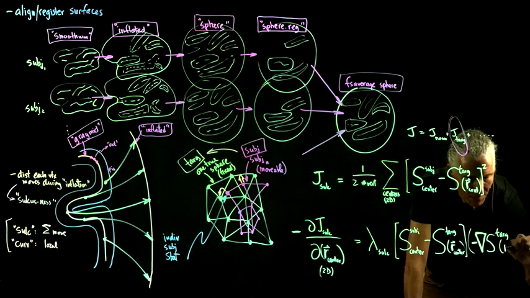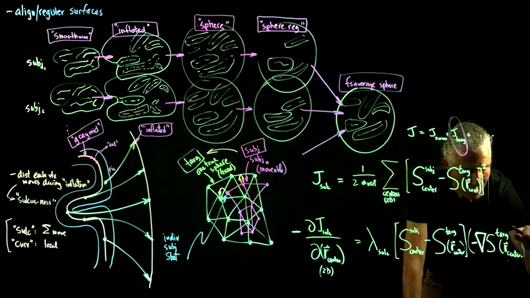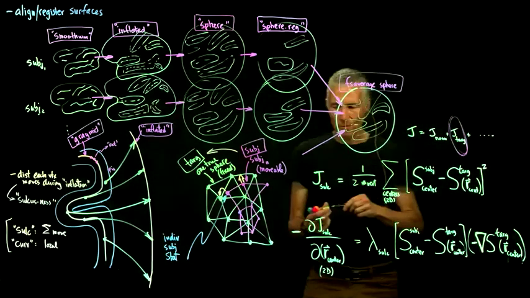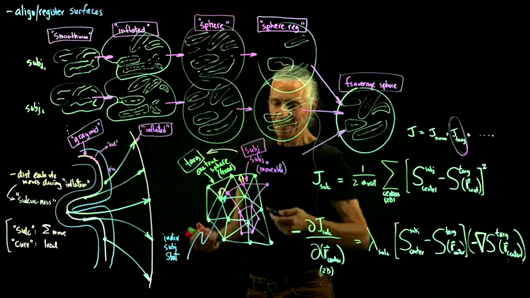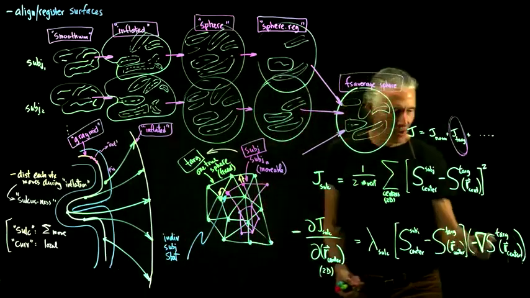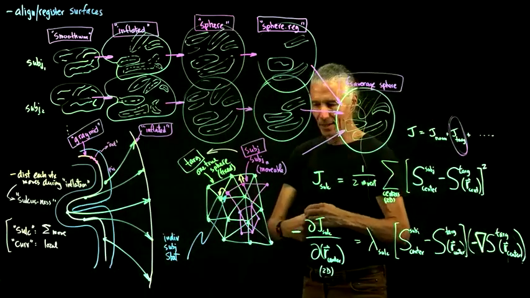Okay, so what is the gradient? What does that mean? What's the gradient of the sulcusness? That just means what is the direction that the sulcusness changes the most rapidly in? So what would that be over here, on the fixed target?